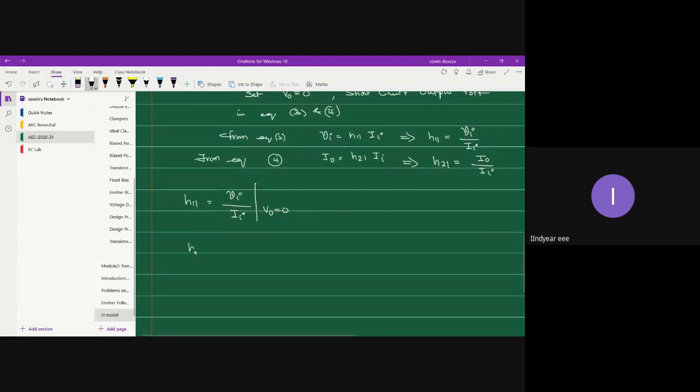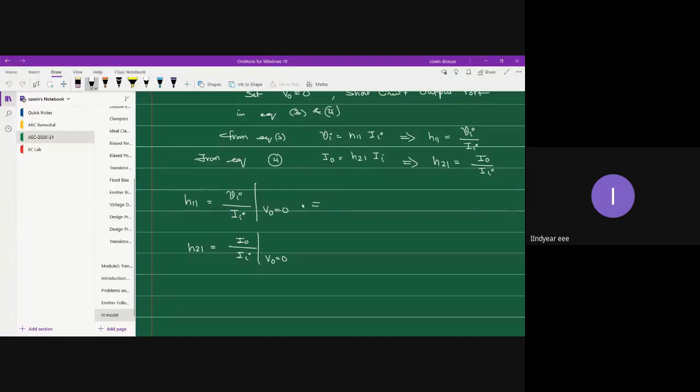Similarly, H21 is calculated by taking the ratio of output current to input current under the assumption that the output port is short circuited. Voltage by current, what is it basically? Voltage by current is basically impedance, right?